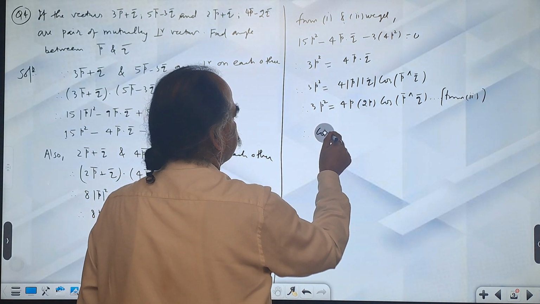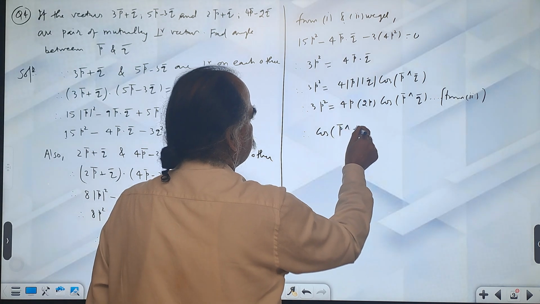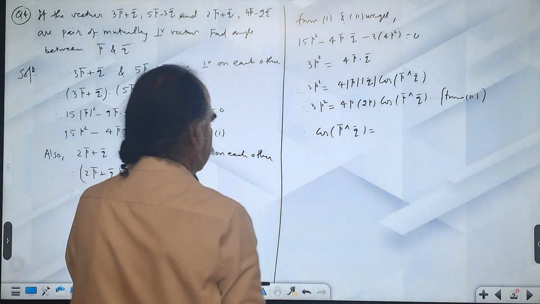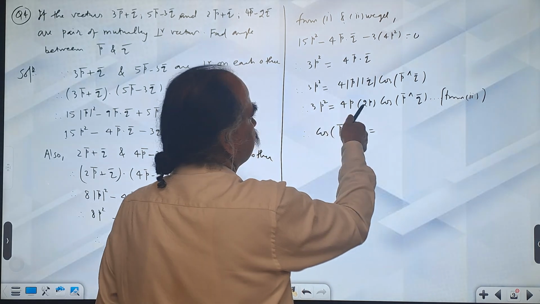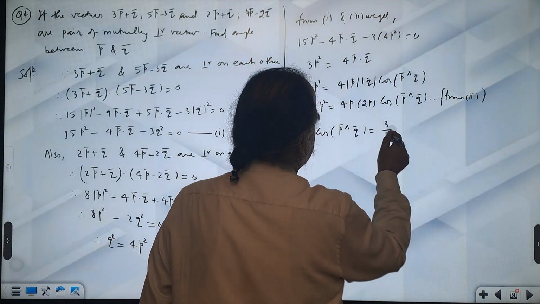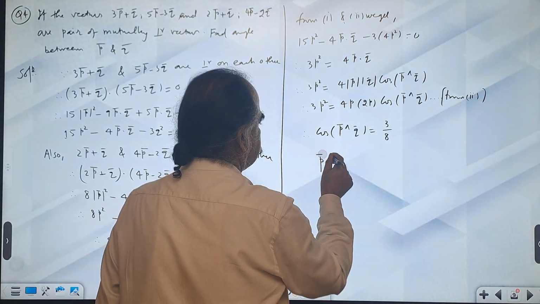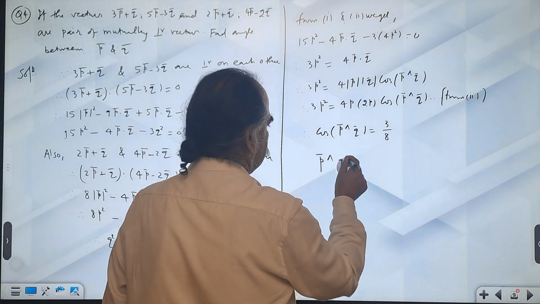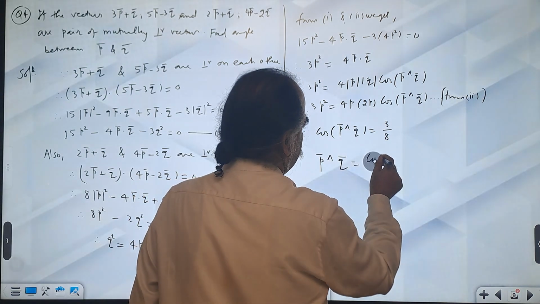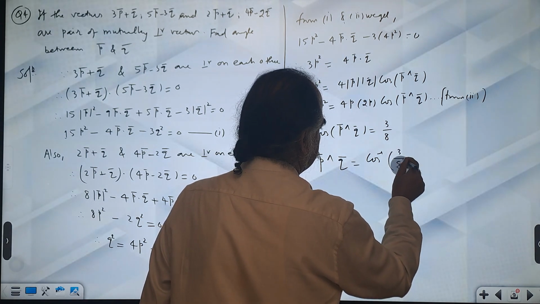So cos of angle between p bar and q bar is 3p square upon 8p square, 3 by 8. So angle between p bar and q bar is cos inverse 3 upon 8.